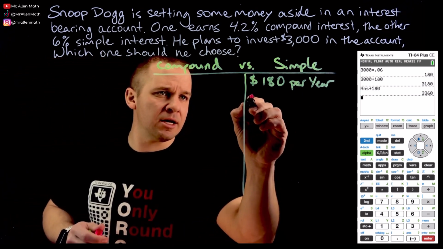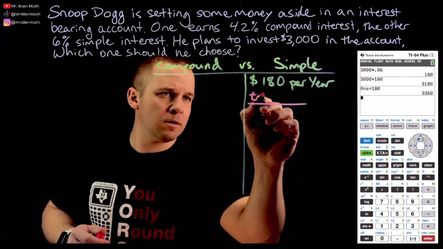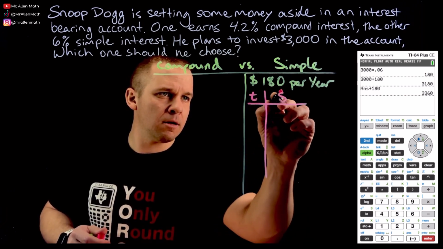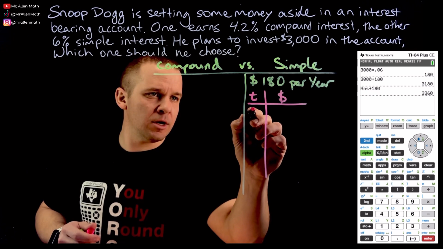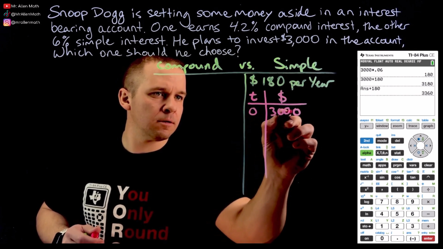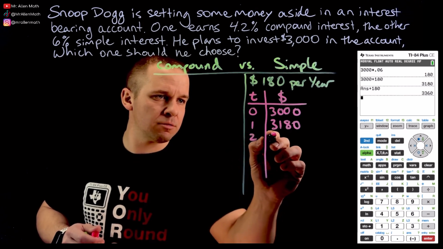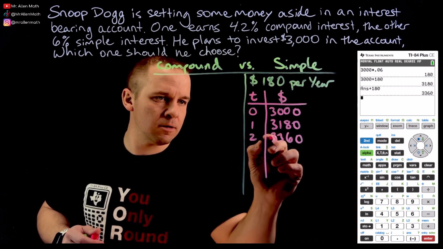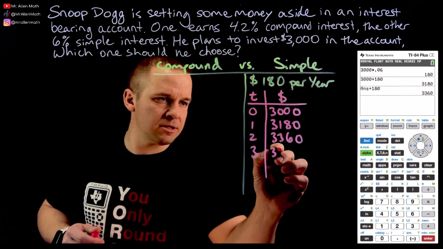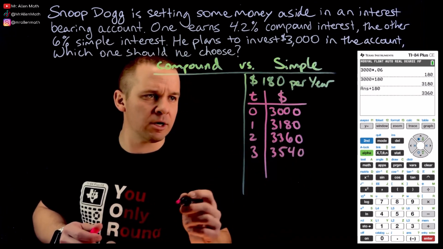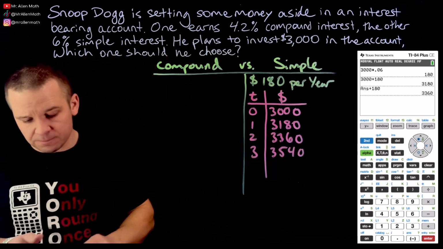So let's say T for time, and then our money. All right. So initially it's 3,000. After 1 year, it was 3,180. After 2 years, 3,360. After 3 years, 3,540, so on and so forth. Okay, that's enough for that one right there.